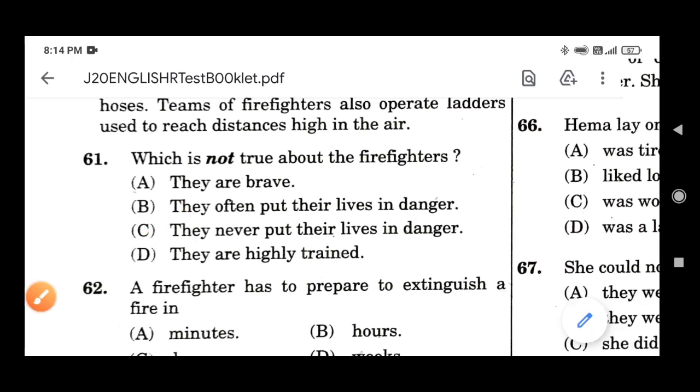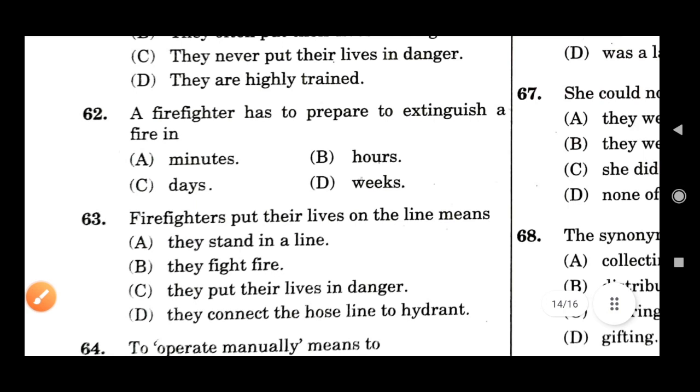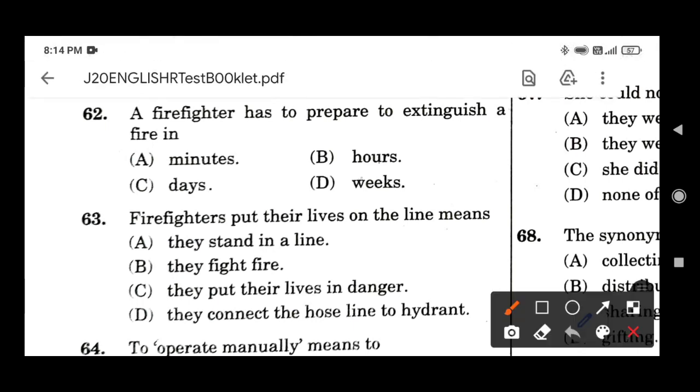Okay, and a firefighter has to prepare to extinguish a fire in. So here the options are minutes, hours, days, weeks. So dear friends, the option is A, minutes.